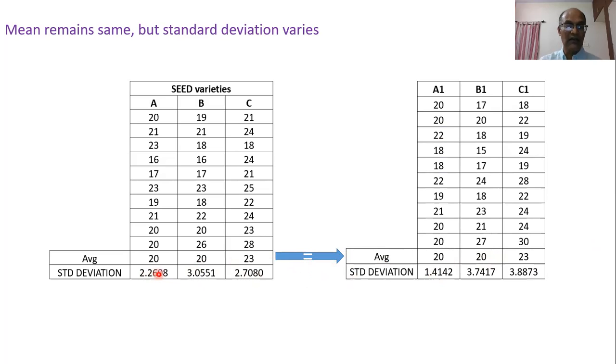Here the standard deviation was 2.26, but here 1.4142. Here 3.0551, and here it is 3.7417. Here it was 2.7080, and here it is 3.8873. So the standard deviations in this case are different, even though the means remain the same. Now in this case, we will see what the end result will be.